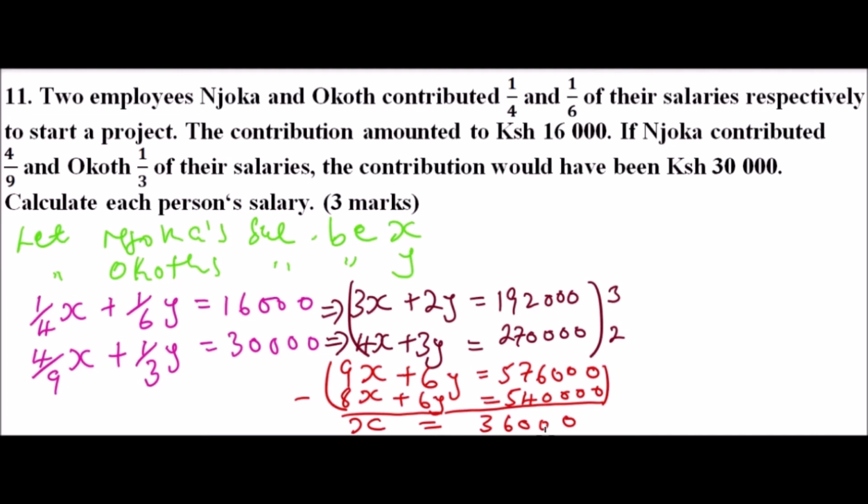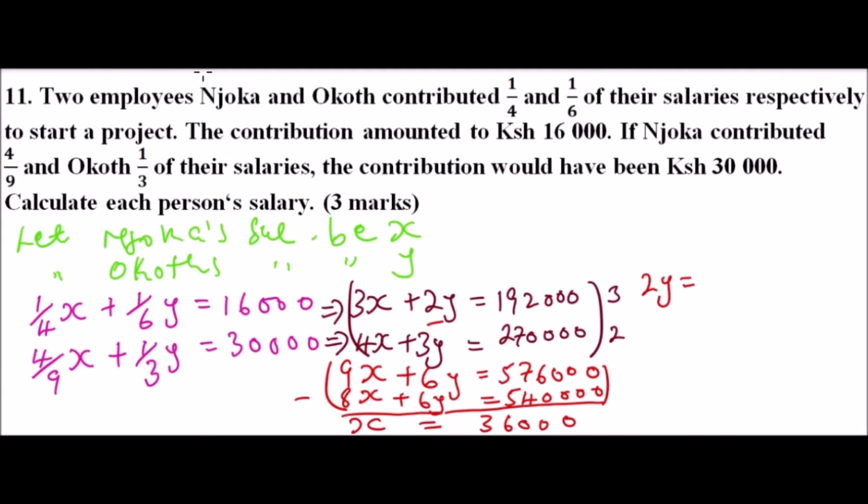So we say y is equals to, so we can take 2y to the other side, and therefore we will have 2y is equals to, we take 3x to the other side.